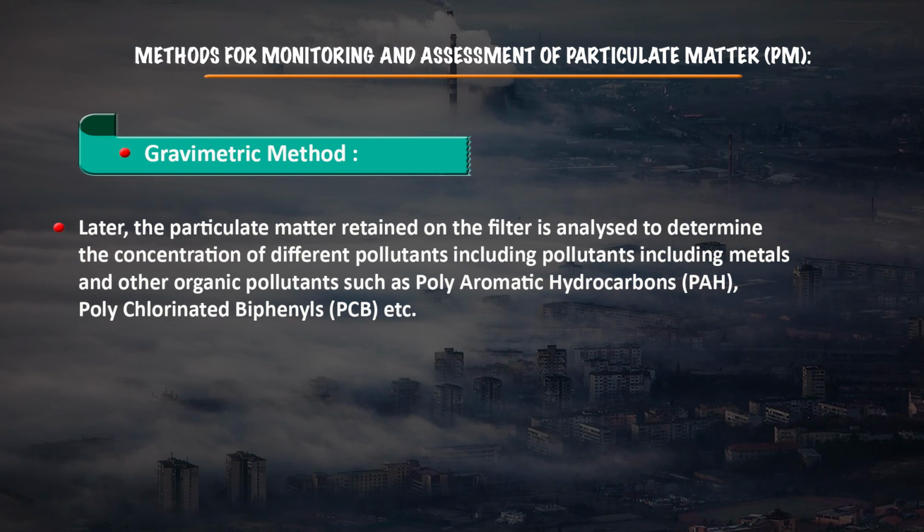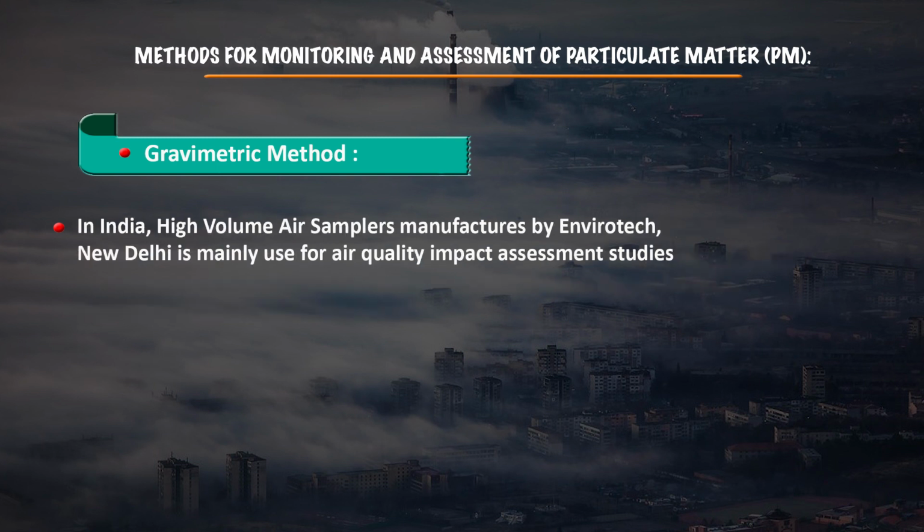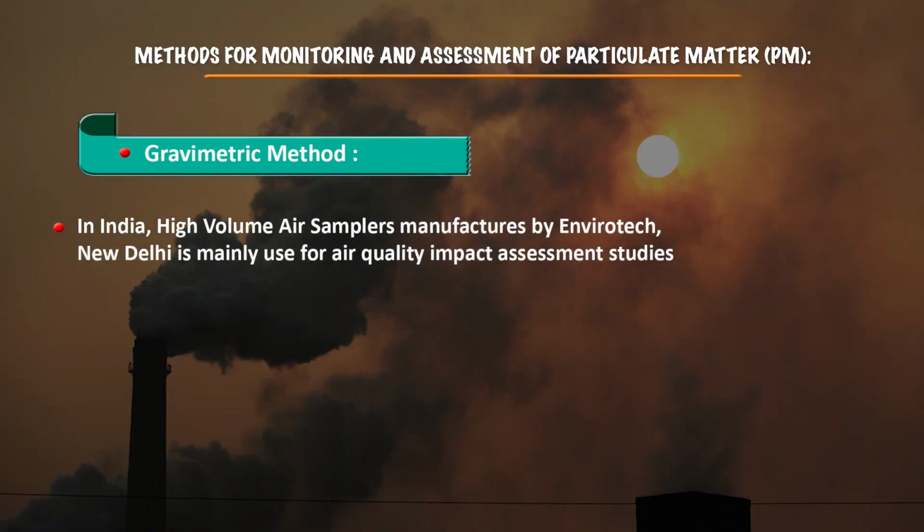Afterwards, the particulate matter retained on the filter is analyzed to determine the concentration of different pollutants like metals and organic pollutants like polyaromatic hydrocarbons or polychlorinated biphenyls. Especially in our country, high volume air samplers manufactured by Envirotech, New Delhi, are mainly used for air quality impact assessment studies.